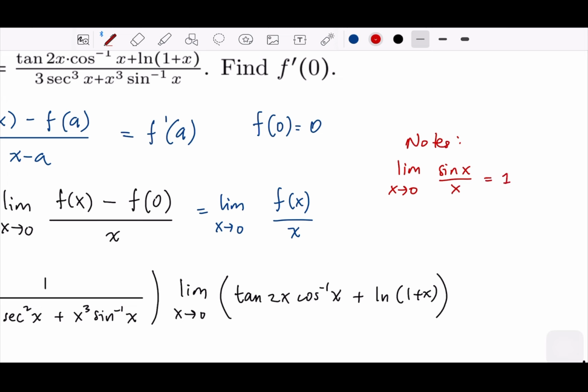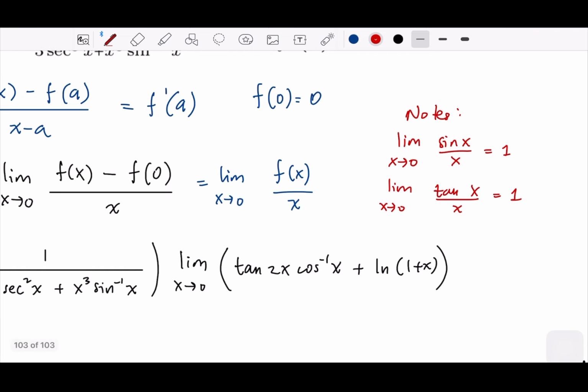And this will also be correct for tangent, because cosine doesn't really affect this part. You can also prove this by yourself, that this is also equal to 1.